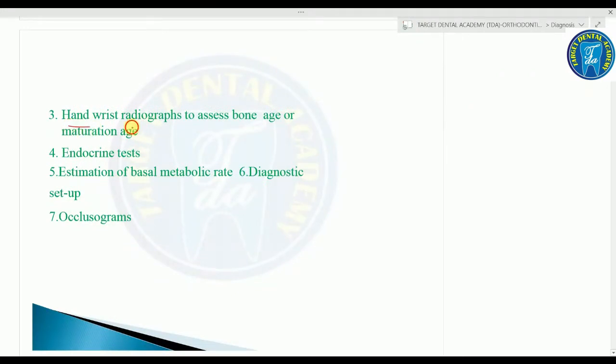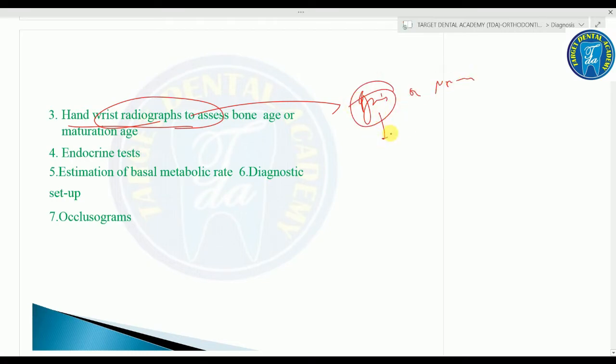Next is the hand wrist radiograph. We usually take the hand wrist radiograph to know whether the patient is in the growing age or in the non-growing age. In the growing age, we give various appliances, like the myofunctional appliances.